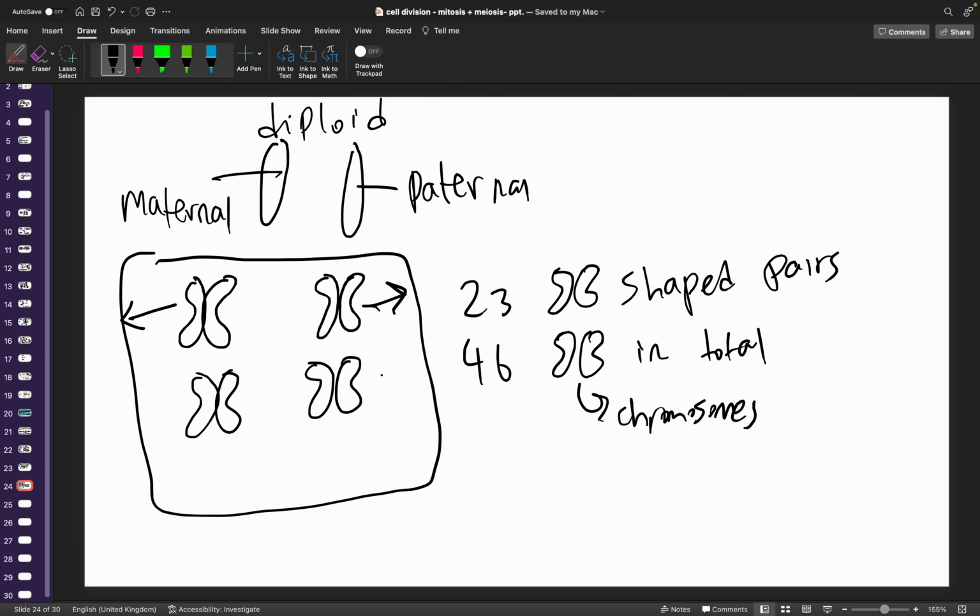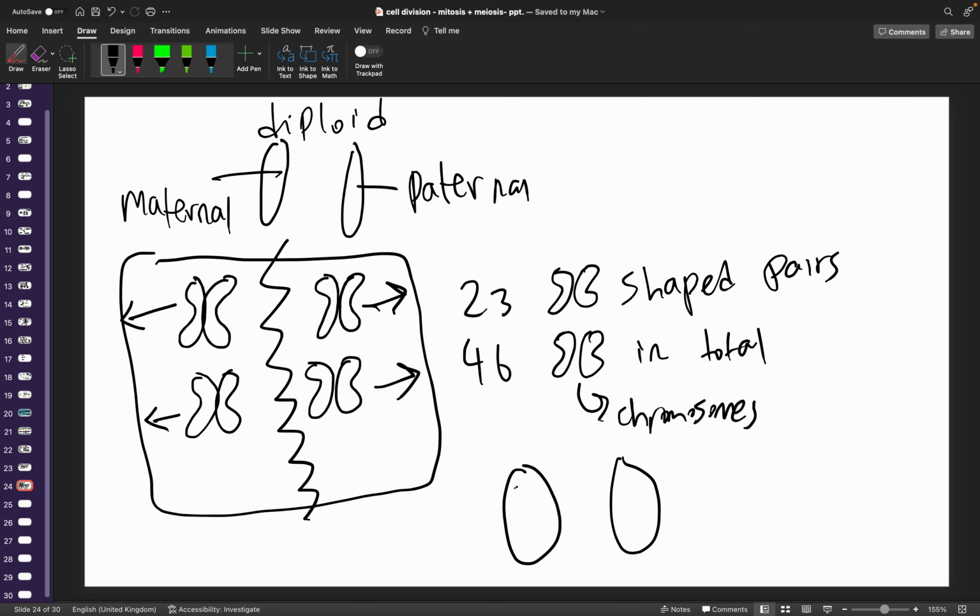The chromosomes are pulled apart. And eventually the cell is going to split in half into 2 new cells with 23 of these X shapes. But it won't be pairs anymore because one pair will go to the right and the other pair will go to the left, creating 2 new cells.